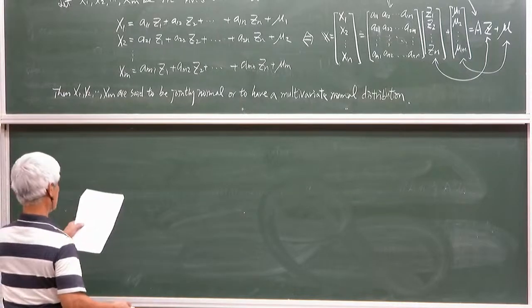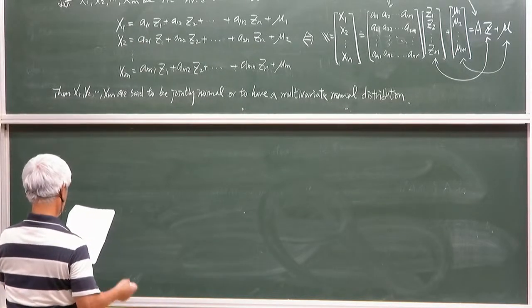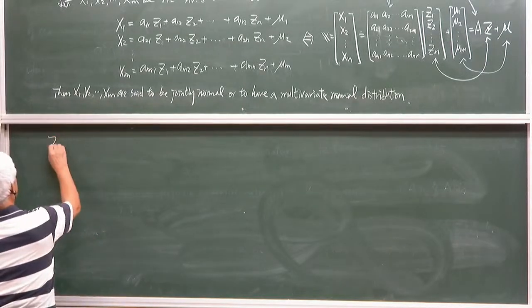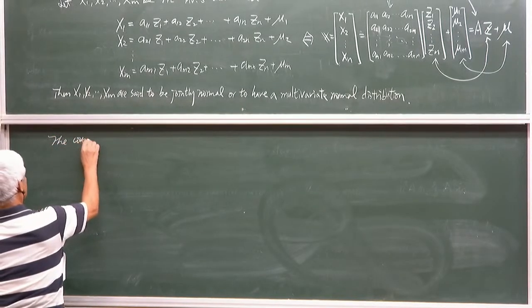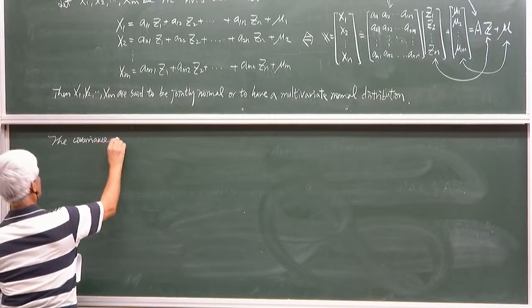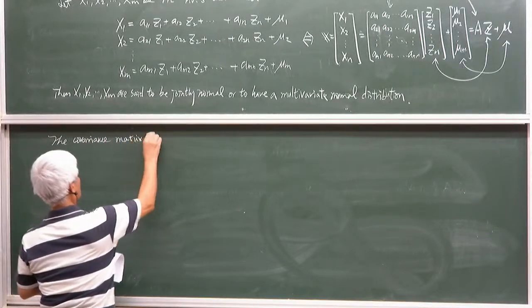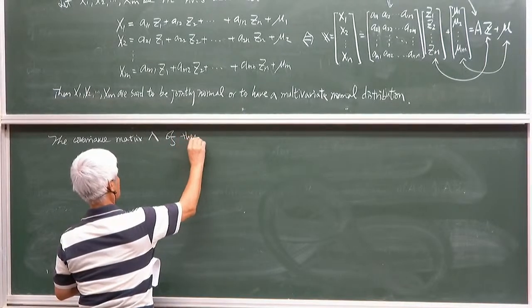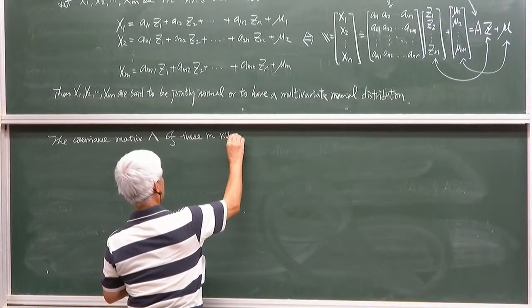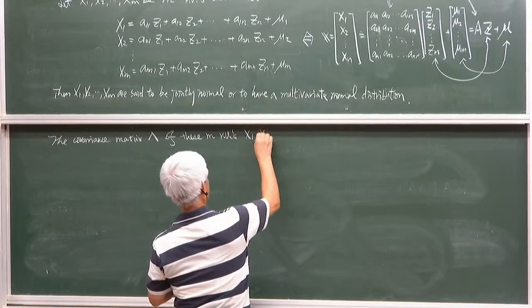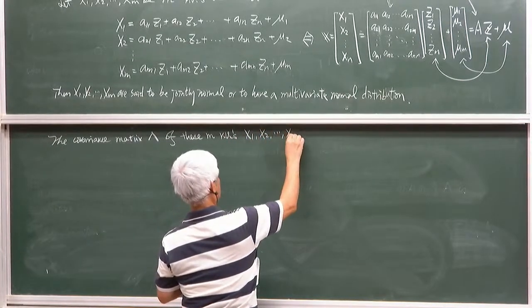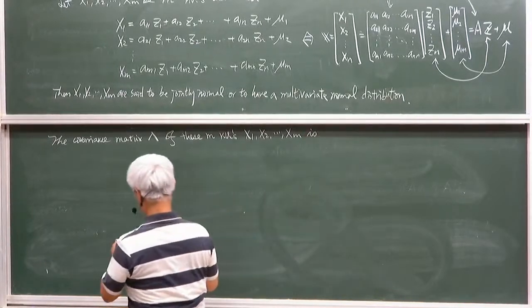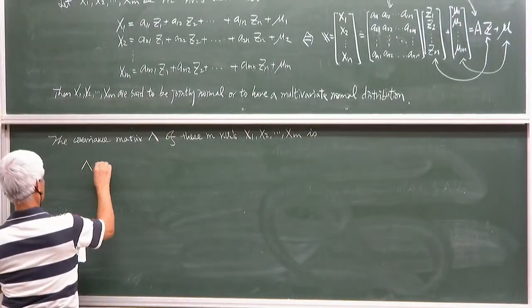Now, the covariance matrix lambda of these random variables x1, x2 up to xm.